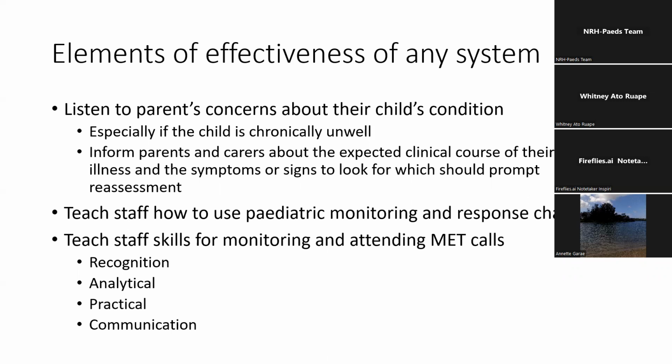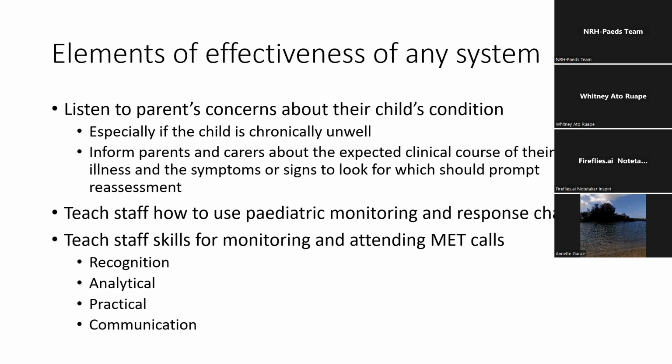So we need skills in recognition of the seriously ill child, and analytical skills to work out what's actually going wrong. We need practical skills: the child might need another drip, or they need to be put on oxygen, or they need a chest drain, or they need a change in their IV fluids. They may need a number of different things, or they may just need further monitoring. They don't always need intervention, but often they do.